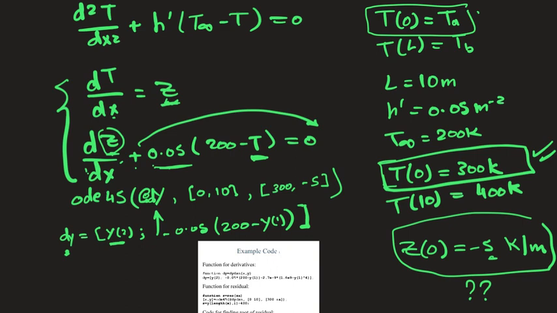Okay, so this is y1, t, and this is y2. Right? And the differential equation here is, here we have a derivative with respect to x, the independent variable. And for the first one, it's the derivative of this. For this, it's the derivative of this, and so on. So it goes that way. Okay.